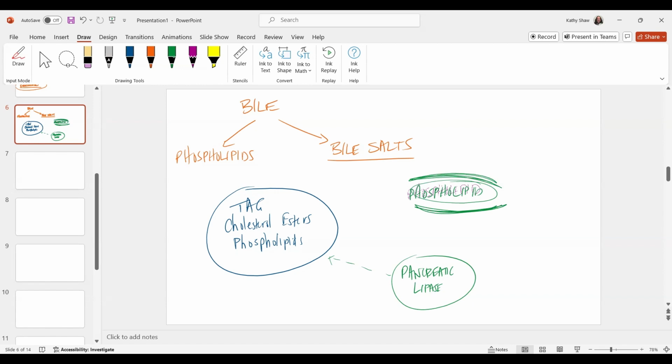So with this, what we're able to do is break this globule down into smaller fat particles, I guess fat droplets is probably a good term. So what'll happen, we'll break it into the smaller droplets, and that phospholipid is going to stay around it.